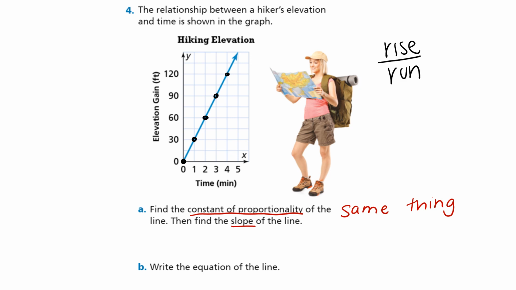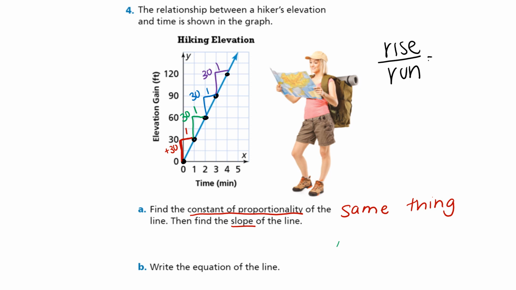To go from 0 to 30 would be 30 feet in elevation over 1 minute. That pattern would be the same as we climb our line: 30 feet in 1 minute. Each point takes us the same pattern, 30 feet over 1 minute.